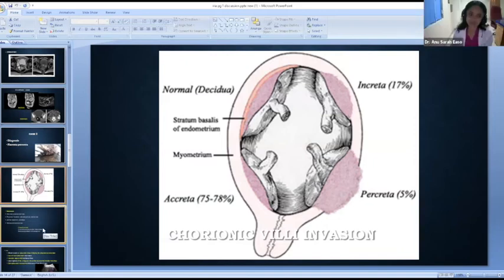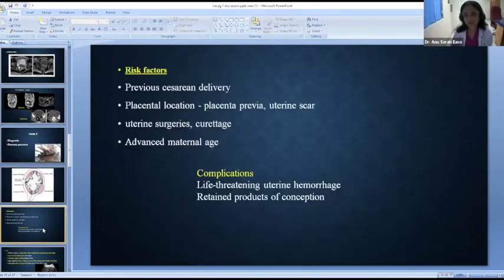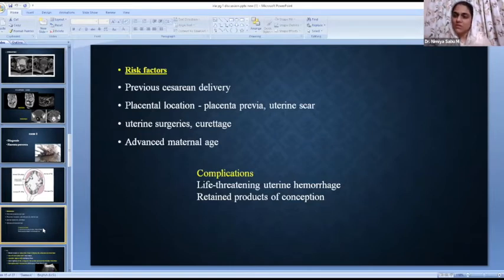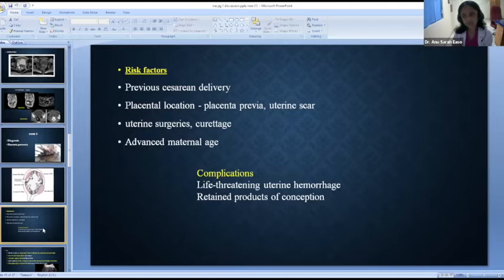And what are the risk factors? Risk factors like multiple previous cesarean sections, then previous surgery to the uterus, then previous abortion which has ended up in D&C, like uterine curettage. Then previous low-lying placentation because of low oxygen tension in the lower uterine segment, like placenta previa.